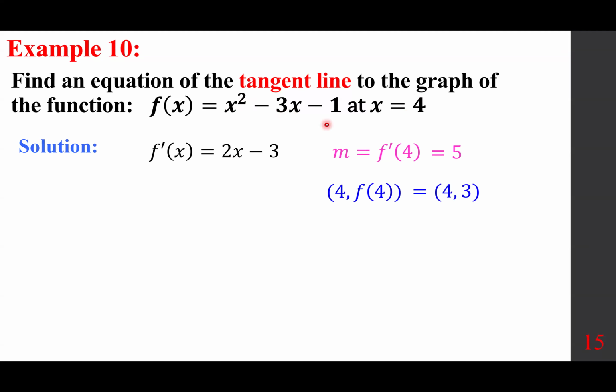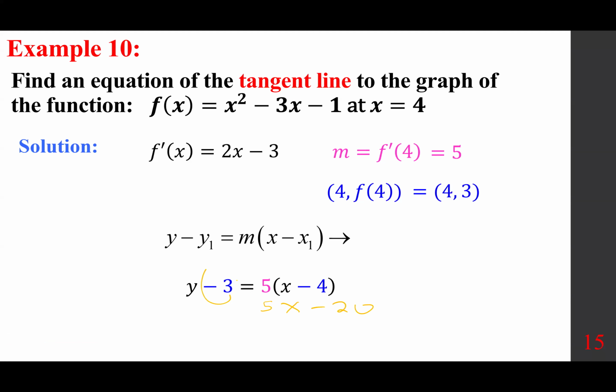And now, y minus y1 equals m times x minus x1. And 5x minus 20. Move this. 5x minus y equals 5x minus 17 is the final answer.